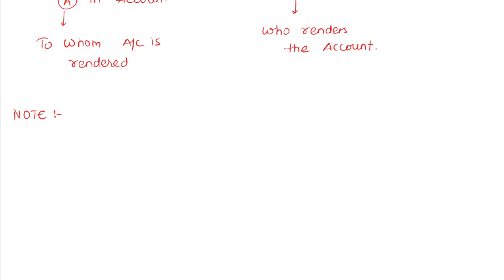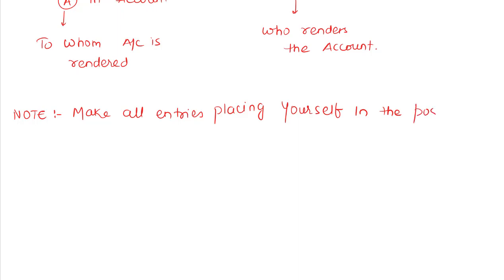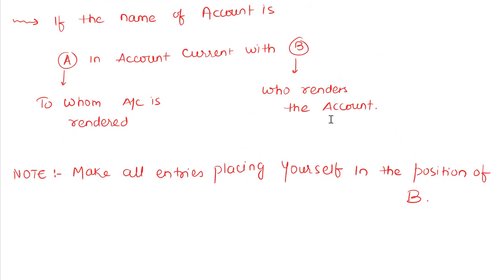Write a note over here. Make all entries placing yourself in the position of B. So always think you have to render the account and you have to make journal entries accordingly.